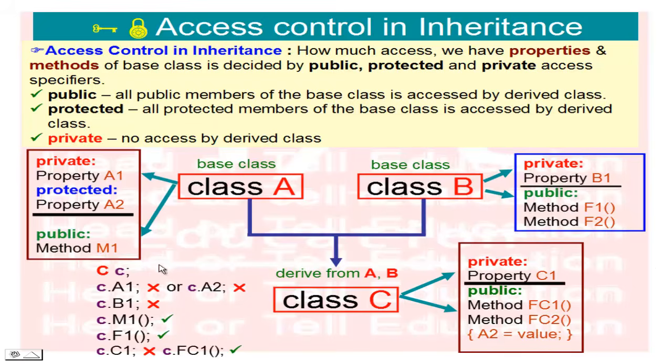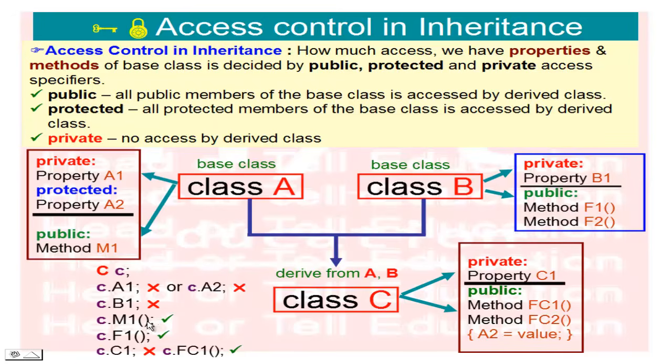If I create an object of class C, then C.A1 or C.A2 is not accessible because these properties are private and protected. Likewise for class B, C.B1 is also not accessible because it is a private property.